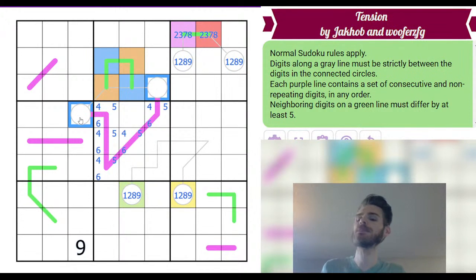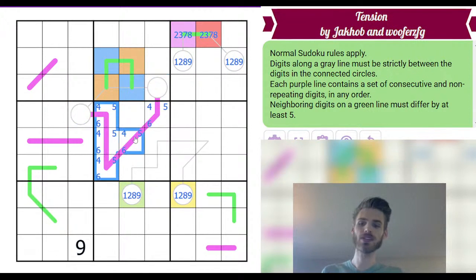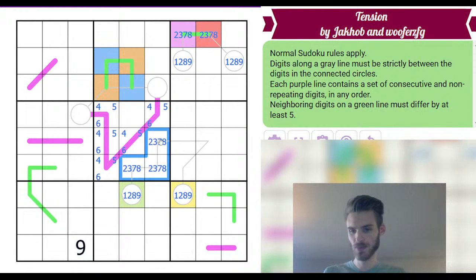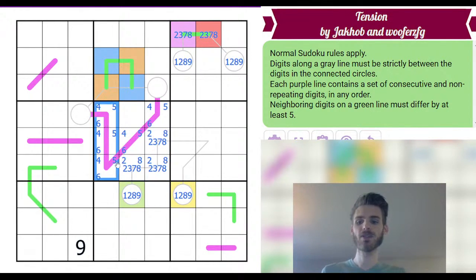So that means there's either a 3 or a 7 in here. And that takes that last digit away from here. So on here, there's 3, 7, 2, 8. And now I know that there is 2 and 8 on here because there is one of 3 and 7 in here.